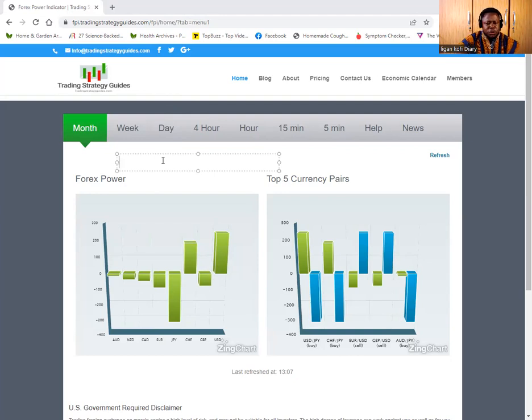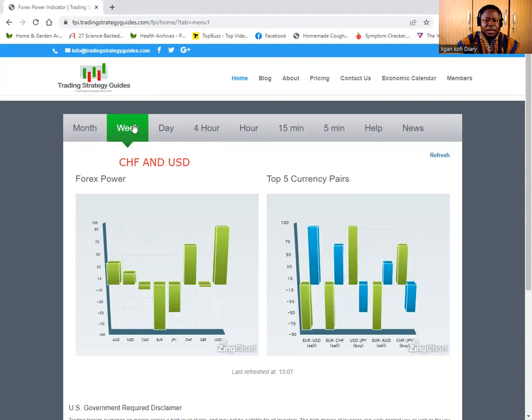So the two strong currencies here on the monthly will be CHF and USD. Let's look at that on the weekly too. On the weekly, we're going to have the same CHF and USD.